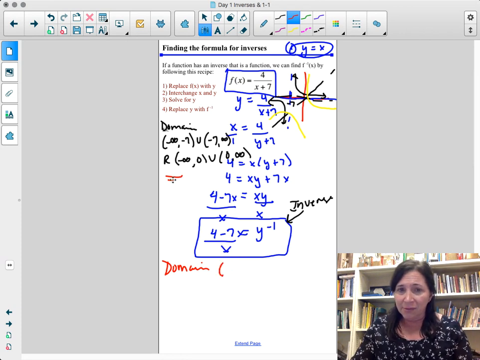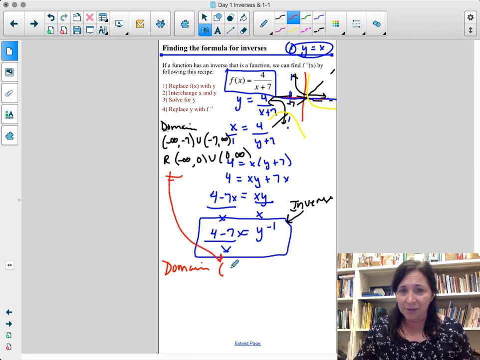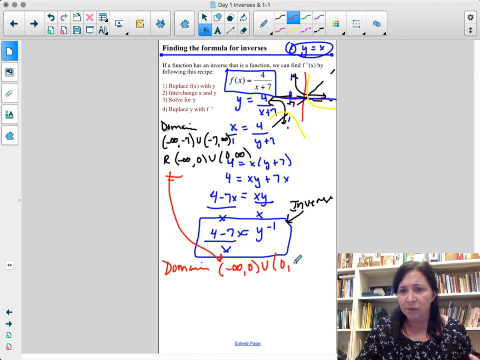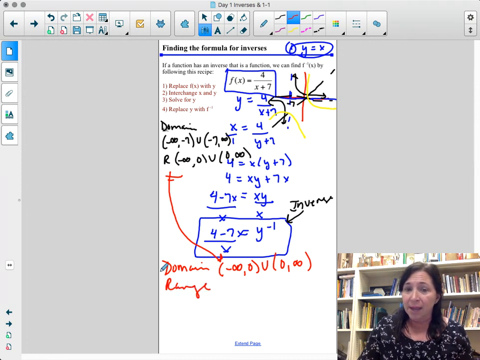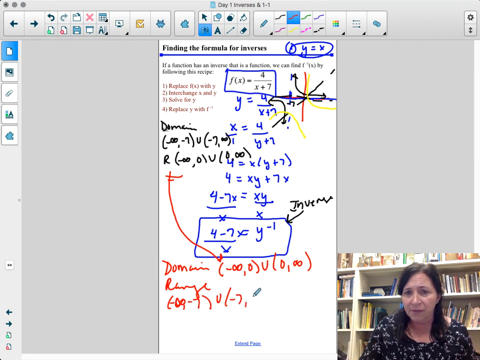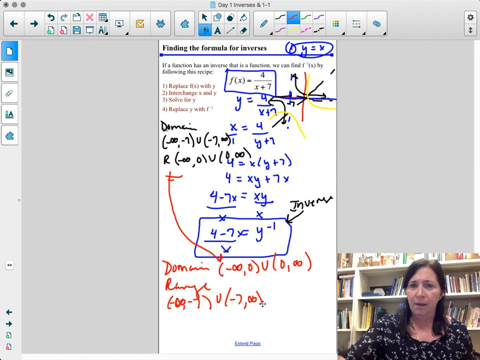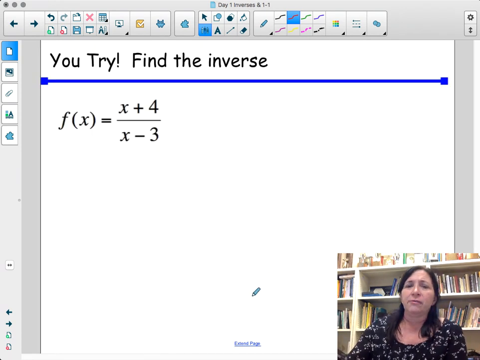So I would say negative infinity to 0, union 0 to infinity, and my range is now my domain. So that would be negative infinity to -7, union -7 to infinity.